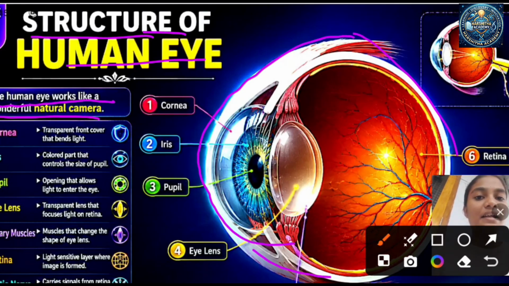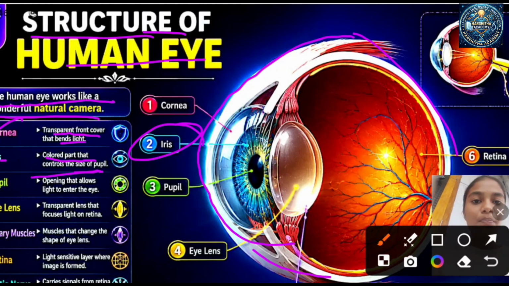We call it the cornea. Cornea is a transparent front cover that bends light. Next, the iris. You can see this is the iris, the colored part of an eye. What is the iris? The part that controls the size of the pupil.